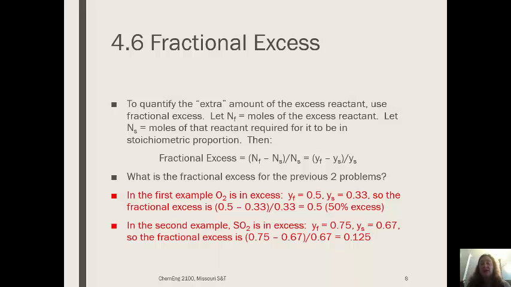So we had 50% excess, 50% more than what we actually required. In the second example, SO2 was in excess. So I'll apply these definitions to the mole fractions of SO2. The feed was 75% SO2. The stoichiometric requirement was 0.67. 0.75 minus 0.67 divided by 0.67, 12.5% excess.